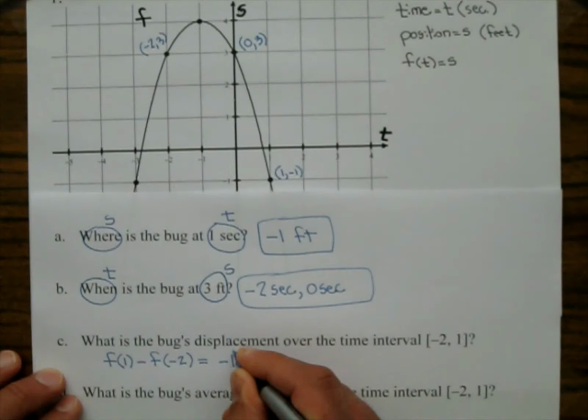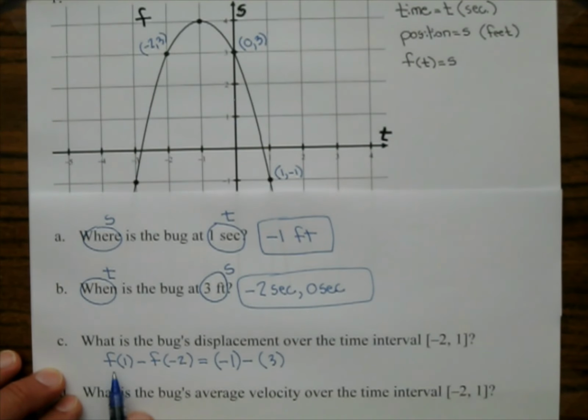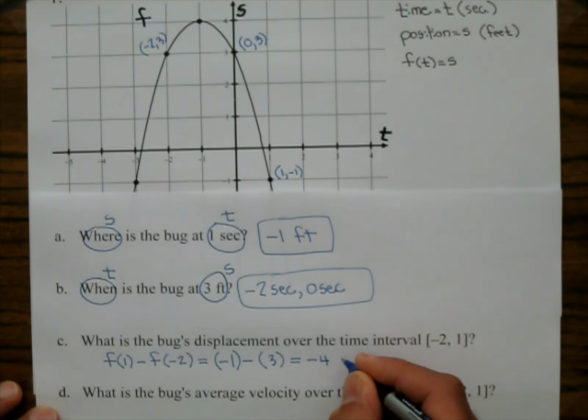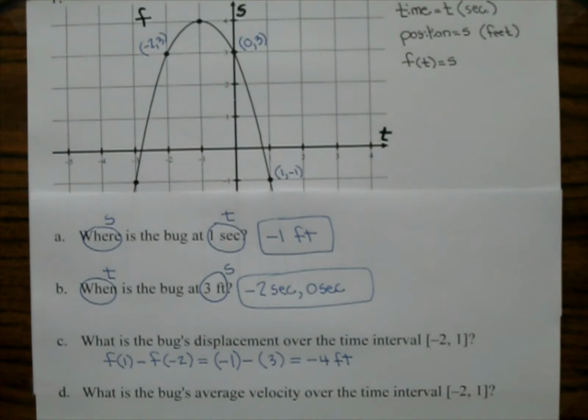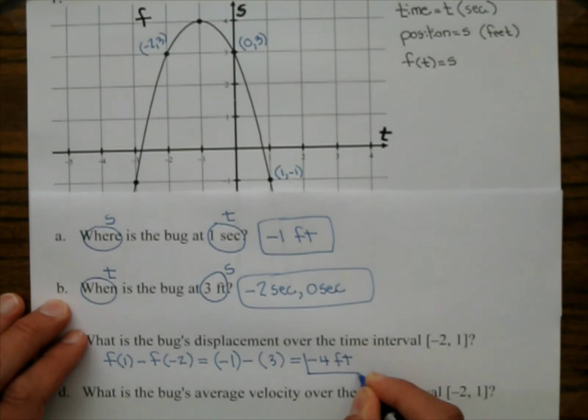I'll put parentheses around these. So f of 1 is -1 and f of -2 is 3. This gives me -1 minus 3, which is -4. So our answer is -4 feet. I'm going to check to make sure everything is in the camera range. Perfect. I'm going to box my answer here.